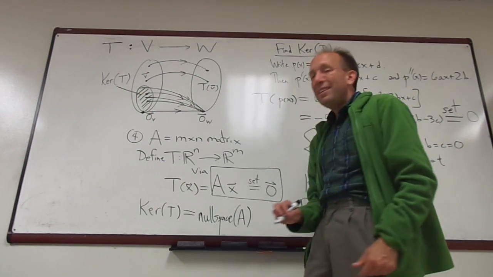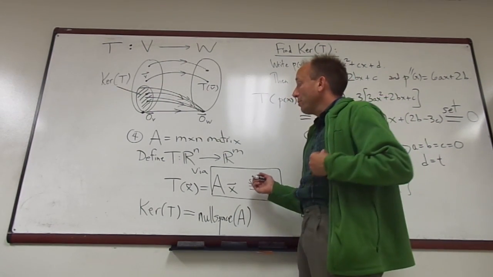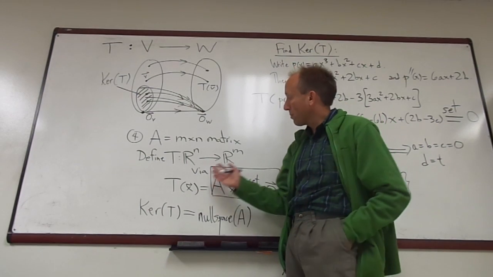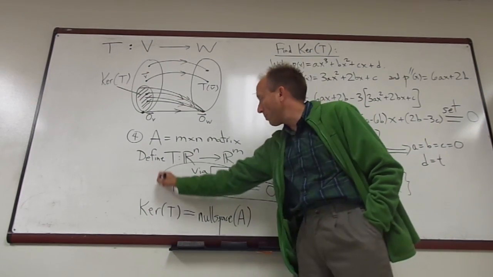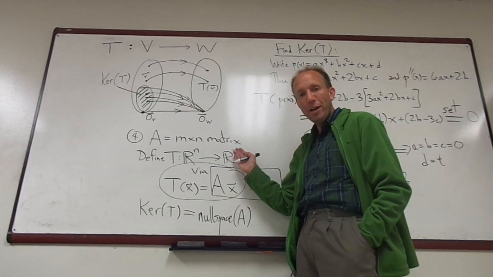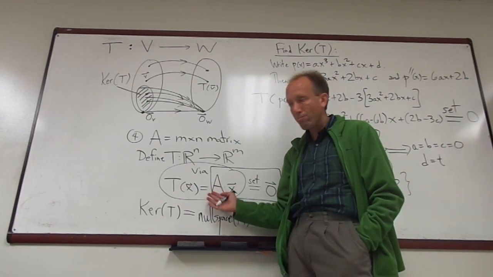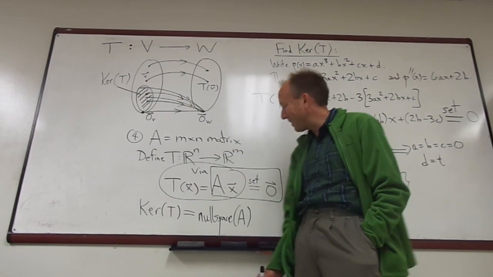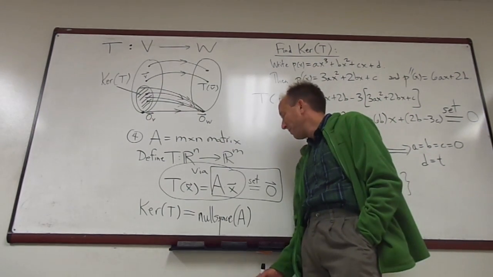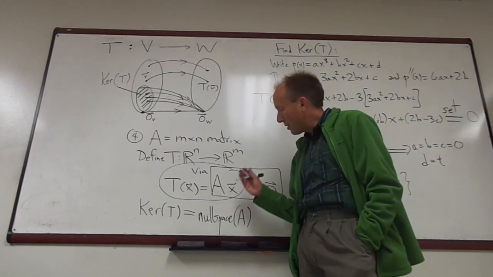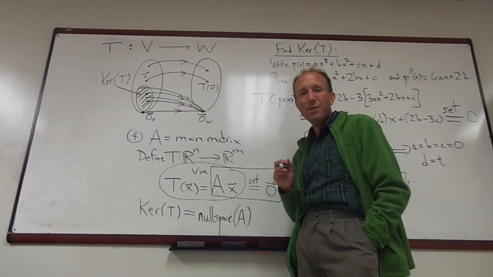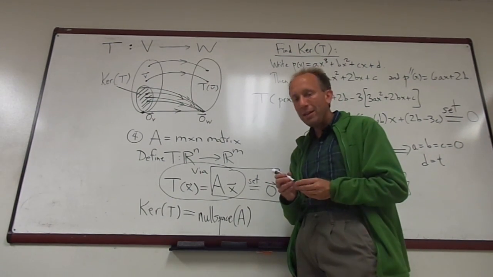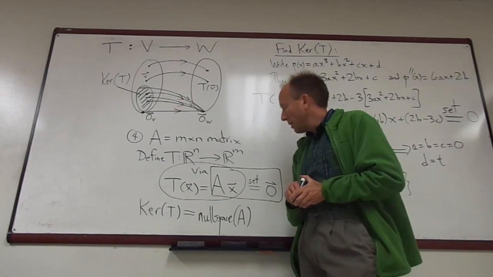It's the null space of A. Okay? So if I ask you to find the kernel of a transformation that is of this type right here, from Rn to Rm via this matrix, I'm not asking you to do anything new that you haven't done before in the previous chapter. You simply find the null space of the matrix. Okay? Does that make sense, I hope?